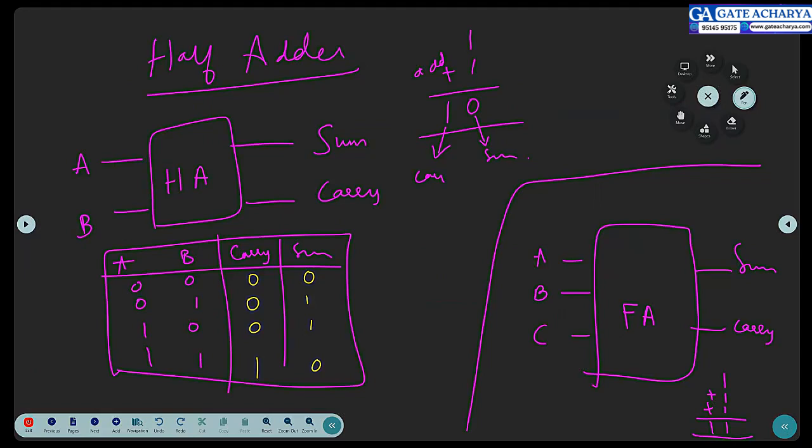Sum is a XOR gate and carry is AB plus BC plus CA. For full adder, sum is a 3 input XOR gate and carry is AB plus BC plus CA.